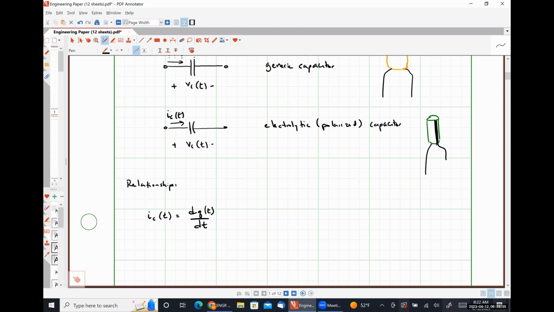Well, in a capacitor, charge is related to voltage. So if we assume that the capacitance cannot change, what we will find is we will have C times the derivative of the capacitor voltage with respect to time is our first relationship.